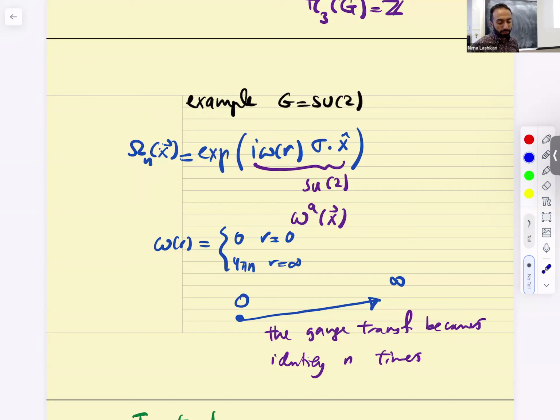We're going to pick omega(r) to be 4 pi n at infinity and 0 at 0. So as you go from point 0 to infinity, this gauge transformation wraps n times and becomes 1.